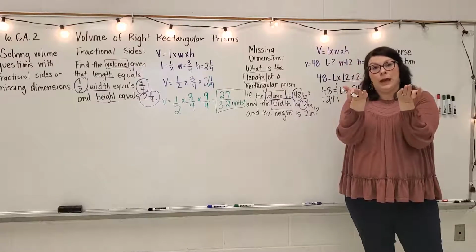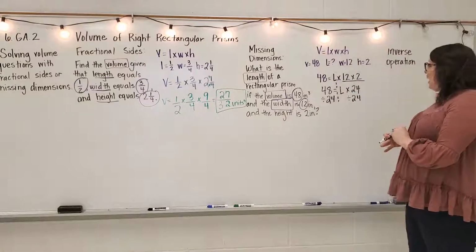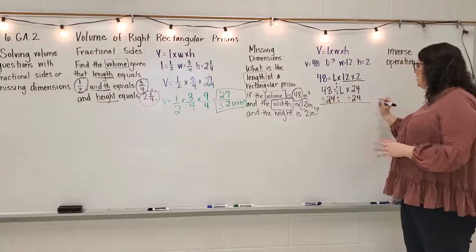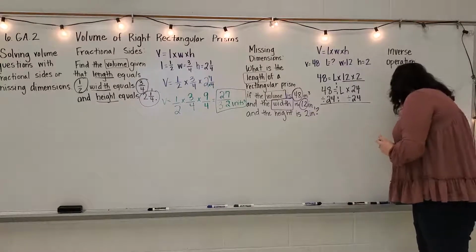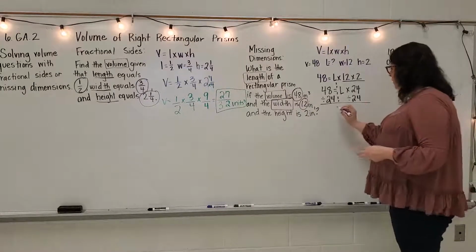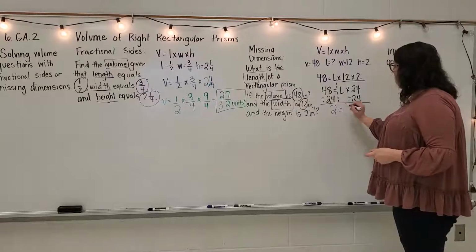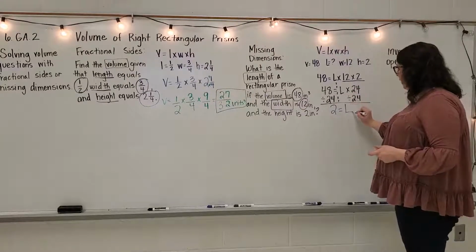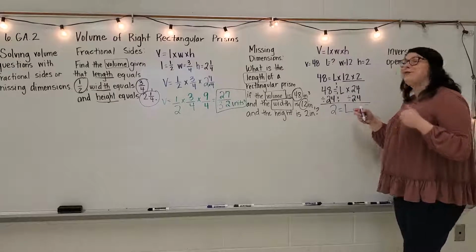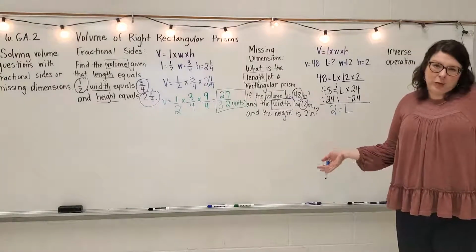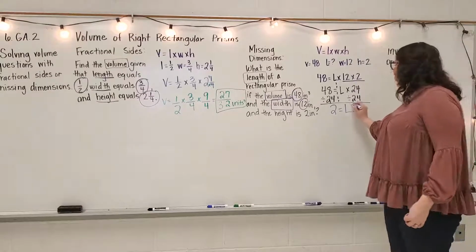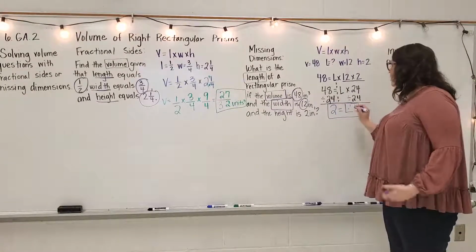So we're trying to keep them balanced. So now, when I do this on both sides, 48 divided by 24 is going to be 2. I'm going to bring L down, and 24 divided by 24 is 1, which kind of cancels it out to just be 1. So now L, or length, is equal to 2.